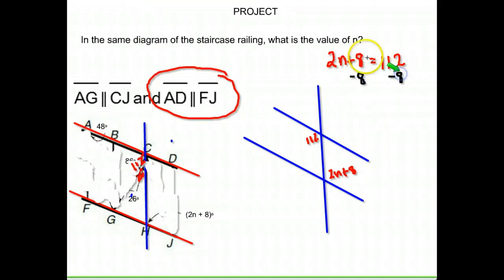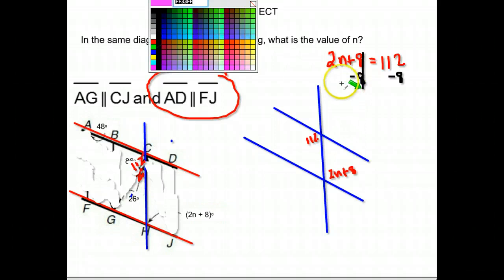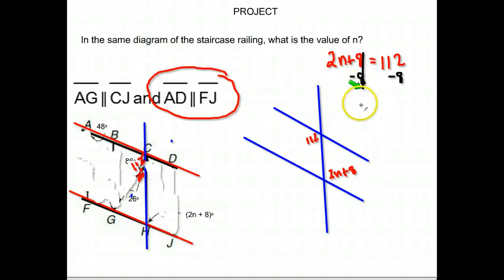Now if I solve that, I will know my value of n. I need to get n by itself. It was added a plus 8, so I do the opposite and subtract 8 from both sides. When I do that, I get 2n is 104. And finally, divide both sides by 2.